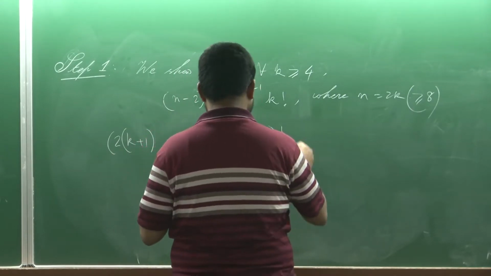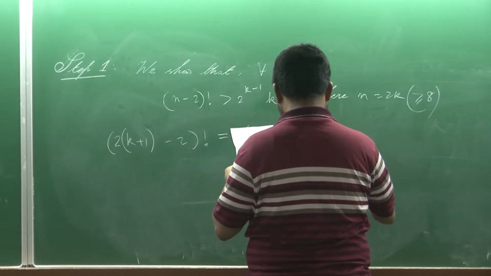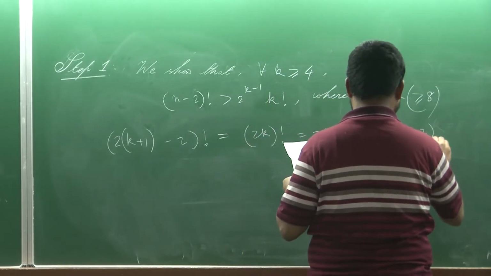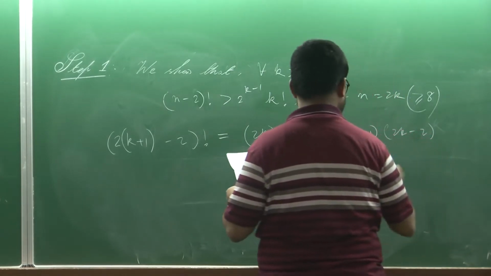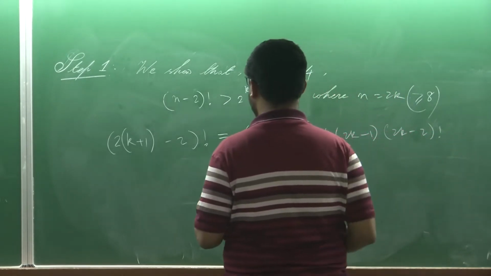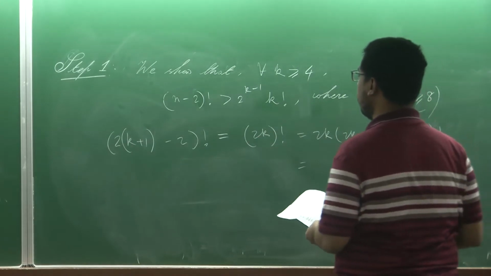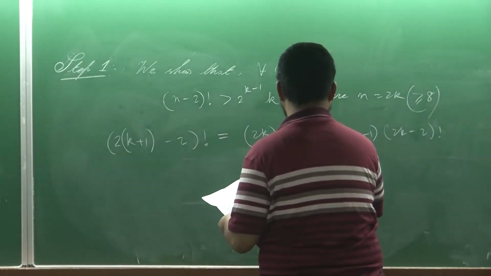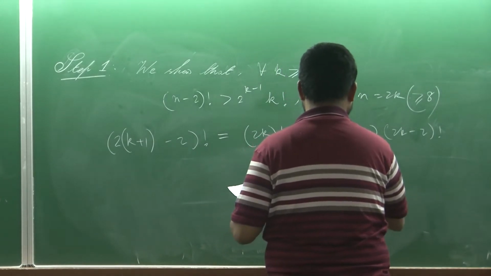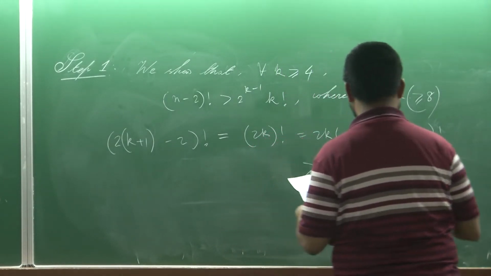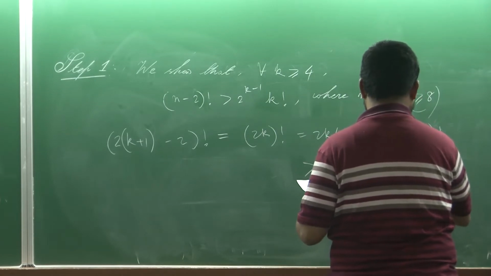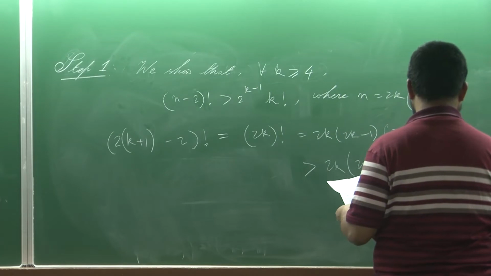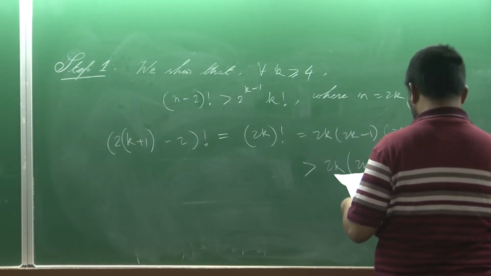So (2k) factorial is 2k, (2k minus 1) and (2k minus 2) factorial. We have assumed that this statement holds for k, and n is 2k, so (2k minus 2) factorial is greater than 2 to the power k minus 1 into k factorial.